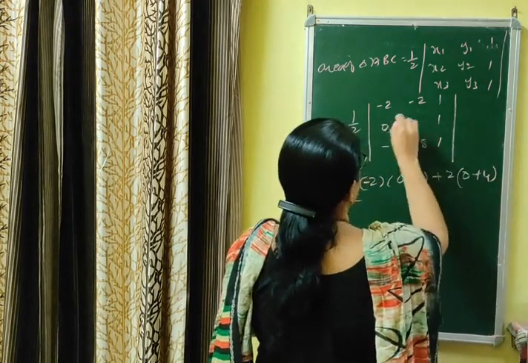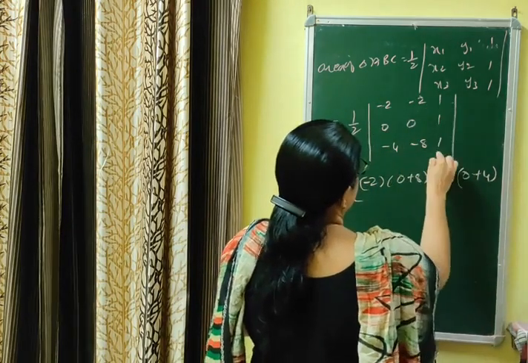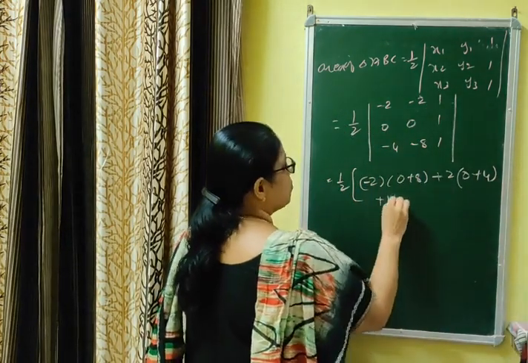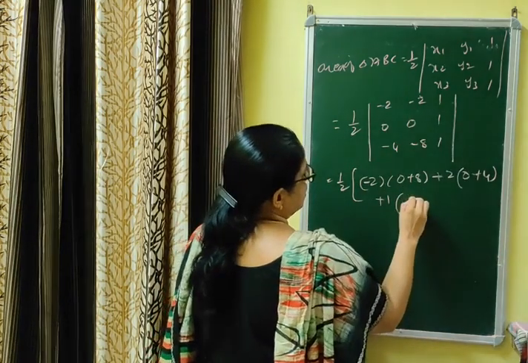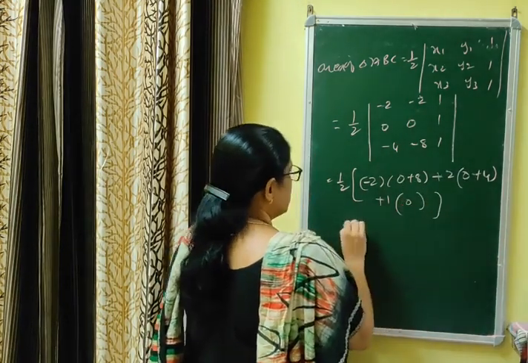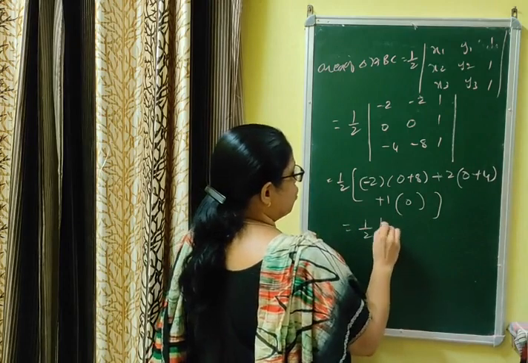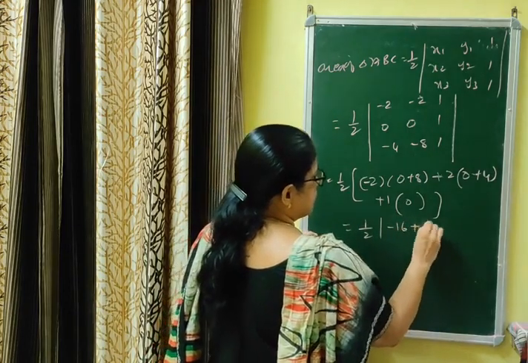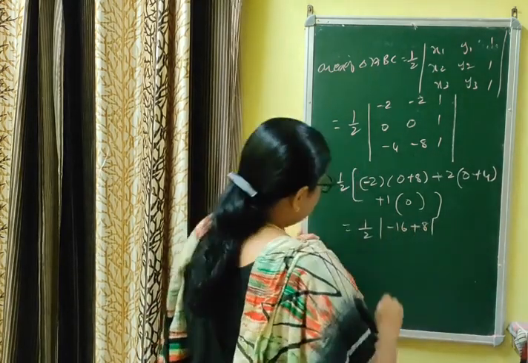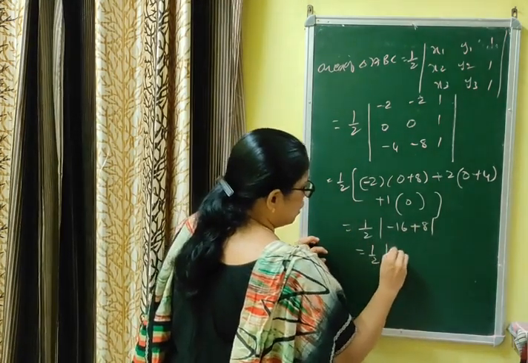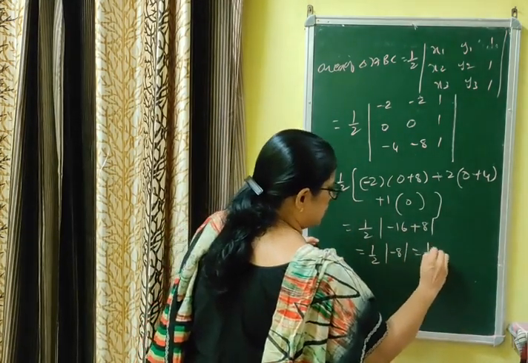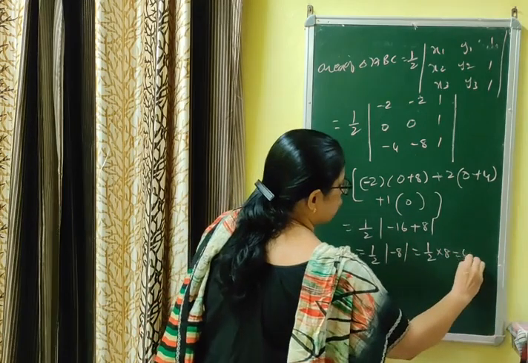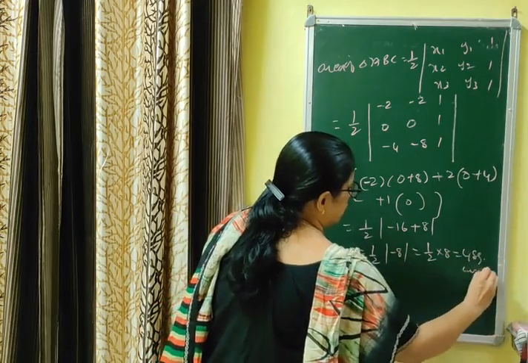Let me check. By deleting this one, 0 plus 4. Third one is again plus. Deleting this one, you will get 0. That means half into mod of minus 16 plus 8, that is half into mod minus 8. Mod minus 8 is plus 8. Half into 8, that is 4 square unit.